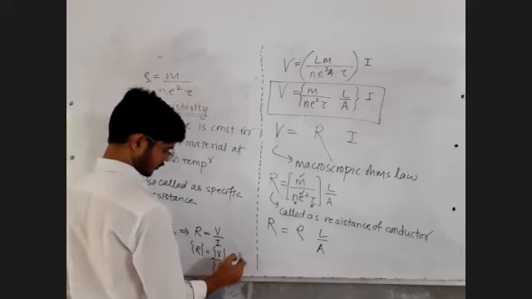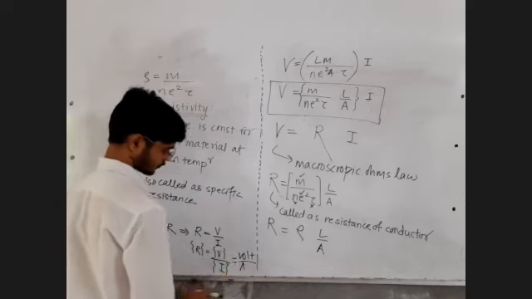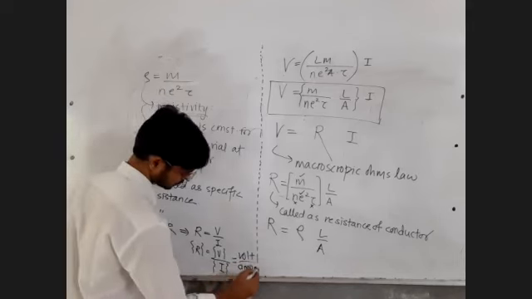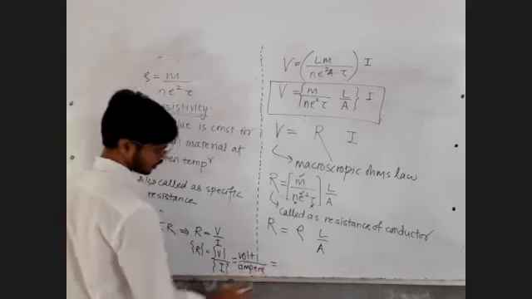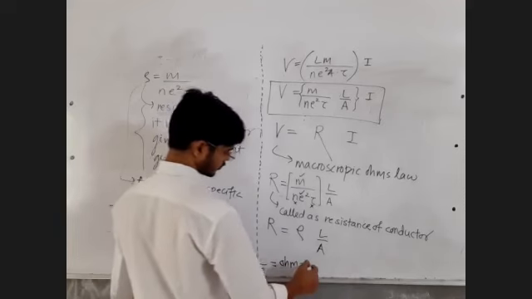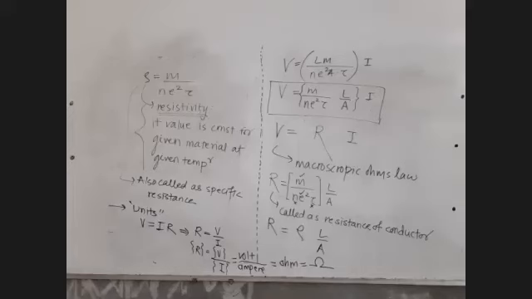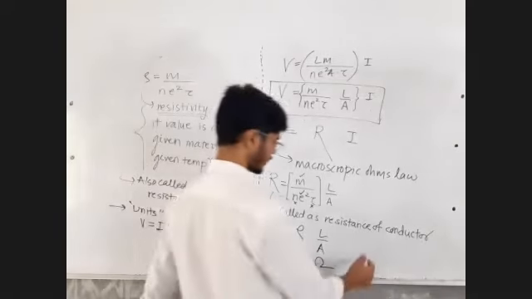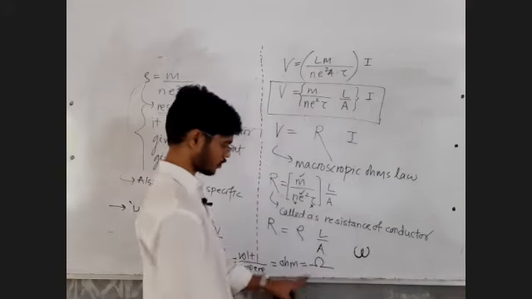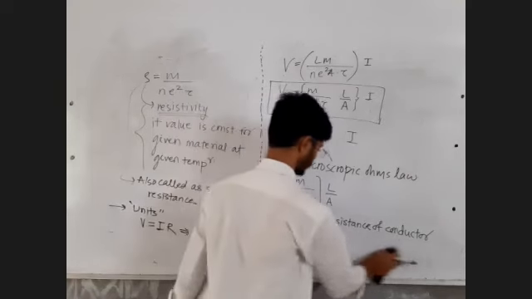Unit of potential difference is volt. Unit of current is ampere. Volt upon ampere, people call it ohm. Ohm is the name of a scientist. Symbol capital omega, not small omega. This is capital omega.